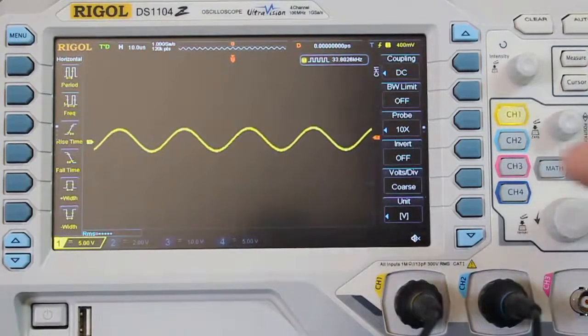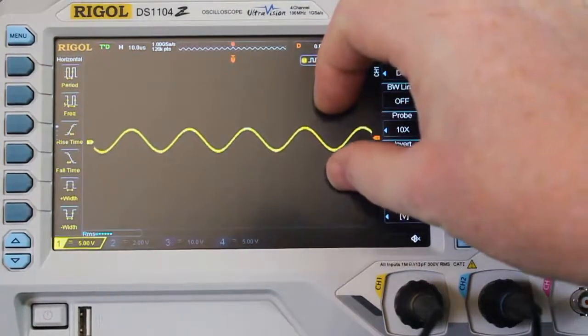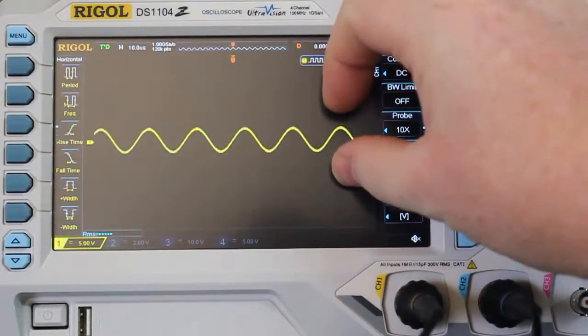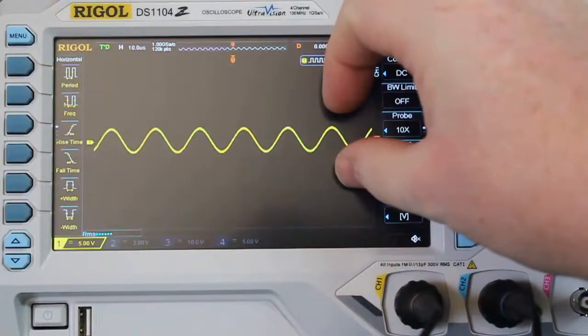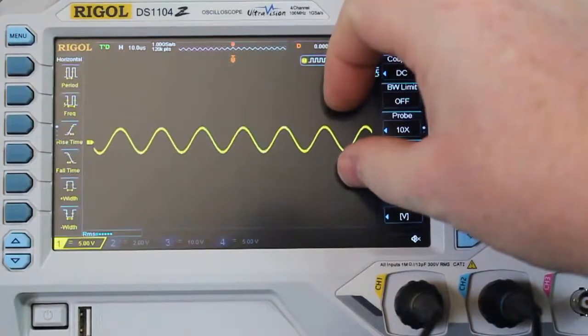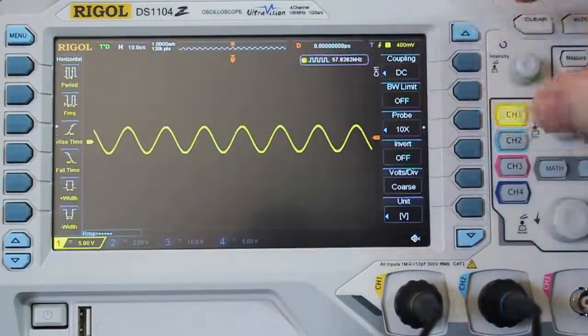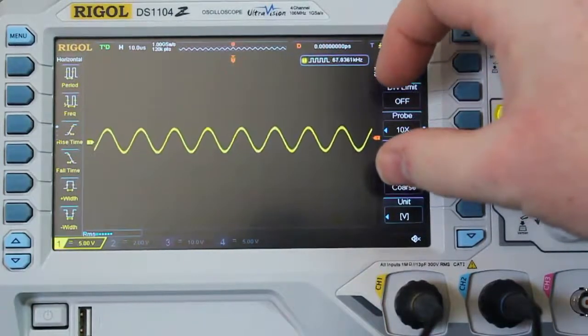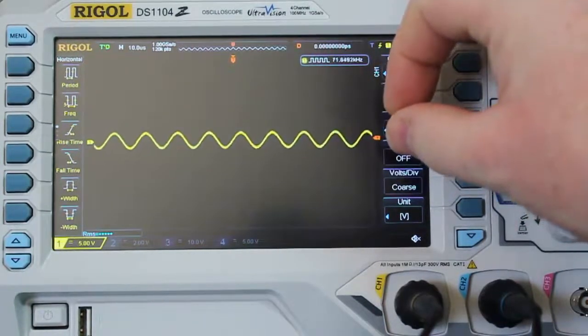Now you can see that most of the time the amplitude is reasonably small. Through the sweep the amplitude doesn't vary a great deal until it gets to a certain point. You can see it's starting to grow there, and then it shrinks back down again.